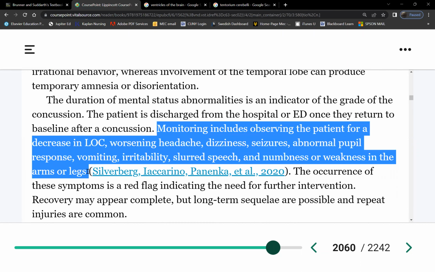So let's say I give you a question: a patient was admitted for mild TBI and was discharged home. The nurse will advise the patient and the family members to bring the patient back to the ER when which of the following are observed. Select all that apply.